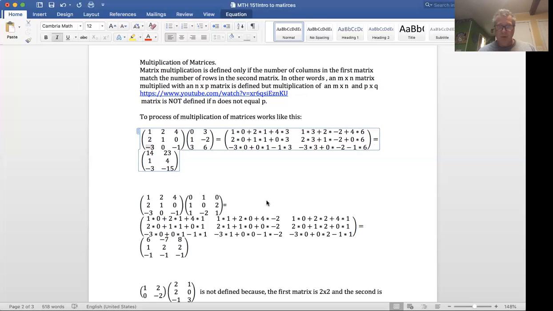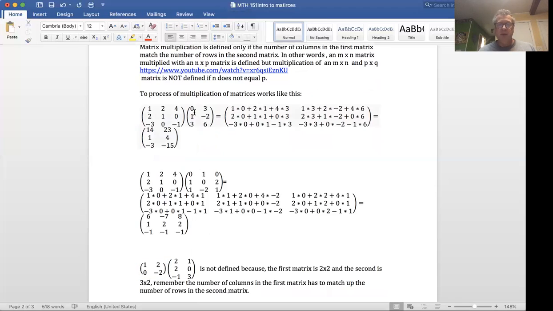Let's look at another one. This one's a 3 by 3. It's defined just like the other one, because in this case, the number of columns here was 3, and the number of rows here was 3. So since we started out with a 3 by 3 and multiplied it with a 3 by 2, columns match rows.